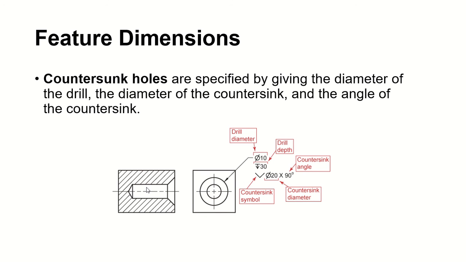Your angle is here because it's a total 90 degrees going in from this side, meaning this is not some tilted one, it's straight 90 degrees. I should draw a line so you can see the countersink at 90 degrees straight in. If I tilt it like this, then you have a different angle.